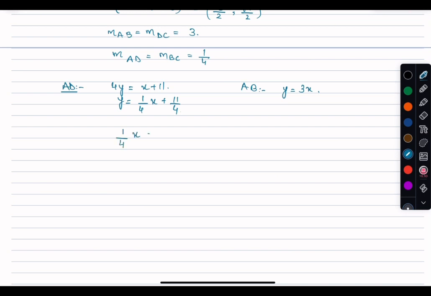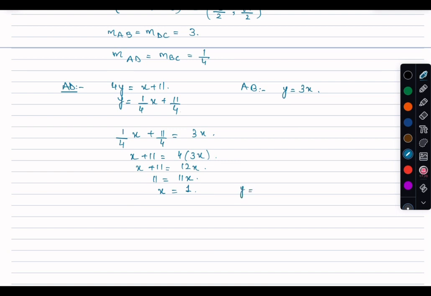So 1 by 4 x plus 11 by 4 will be equal to 3x. Or I can say this is x plus 11 equals 4 times 3x, or x plus 11 equals 12x. Or I can say 11 equals 12x minus x, giving me x equals 1. So x for A is 1.